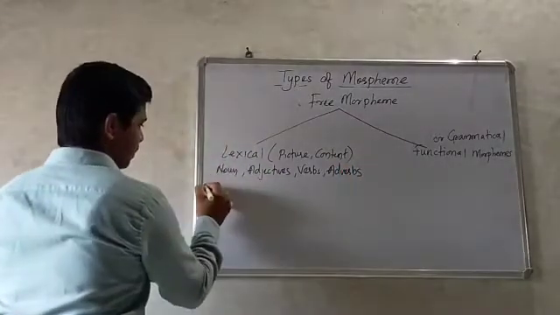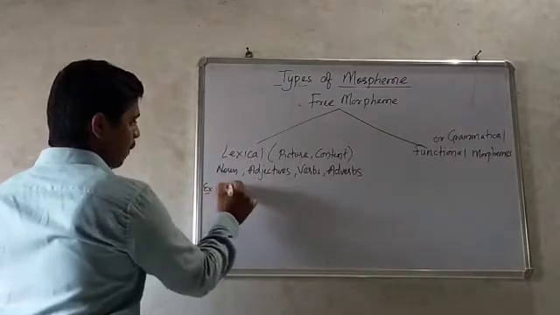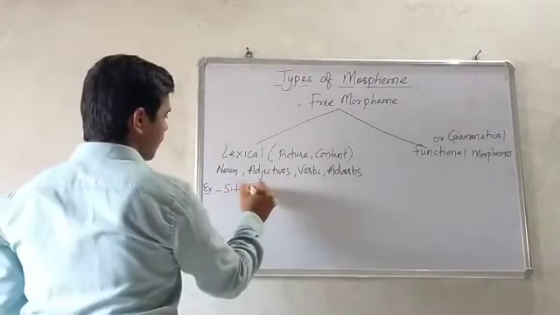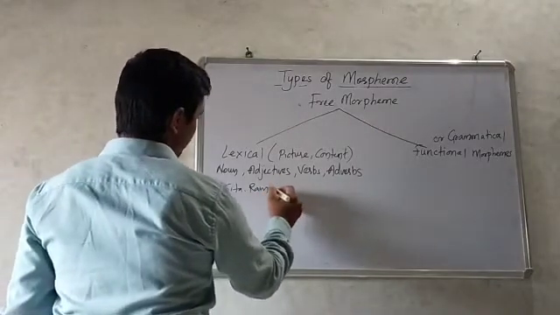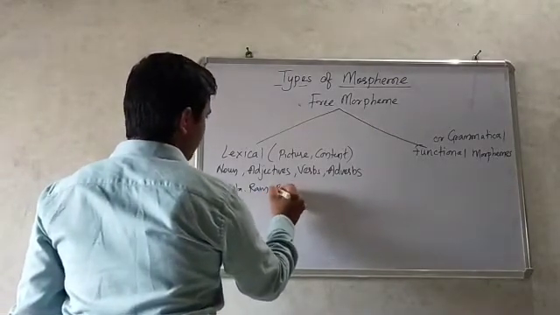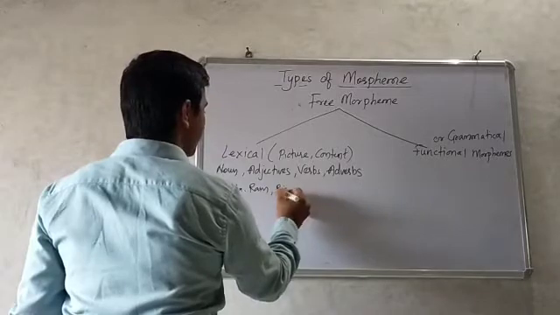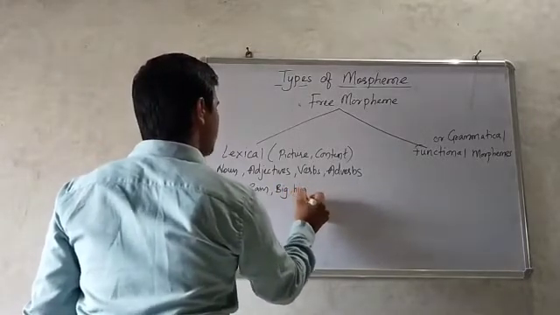For example, nouns: Sita, Ram. Adjectives: big, huge.